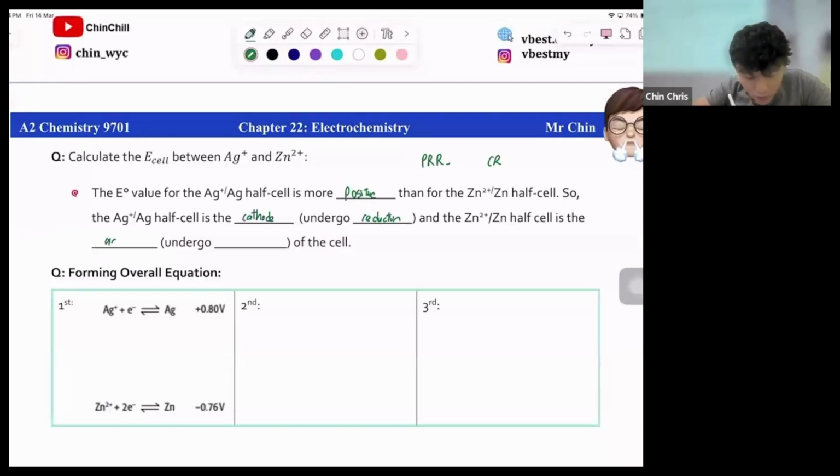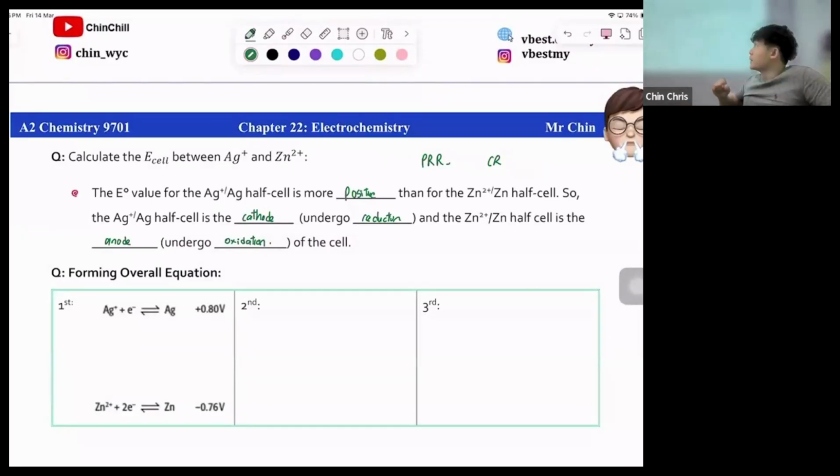And zinc is the anode, which always undergoes oxidation. I think if we have time today, we're going to do more questions in this chapter. We're not moving on to a new one.